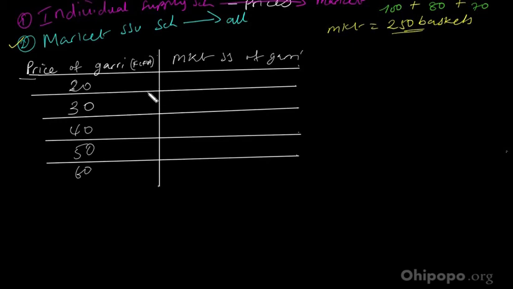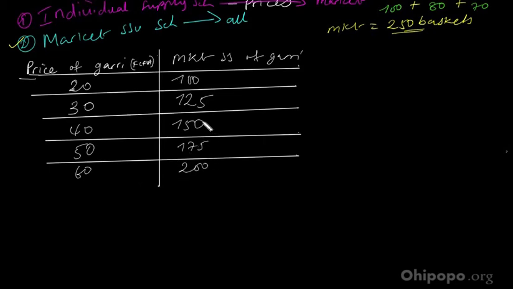Okay, it is assumed that when the price of a cup of gari is 20 francs, 100 cups are being supplied. When it is 30, 125; 40, 150; 50, 175, and lastly 200.